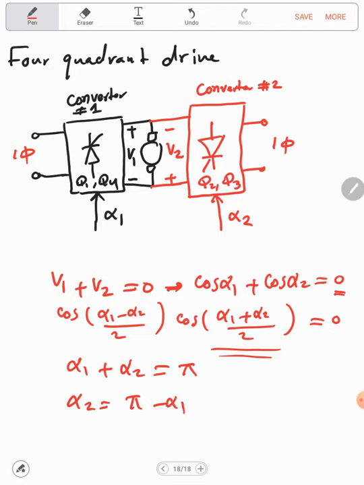So simply, if I specify alpha 1, automatically I can take the complement and calculate alpha 2. As a summary, this is the torque-speed characteristic curve. This is the torque, this is omega.